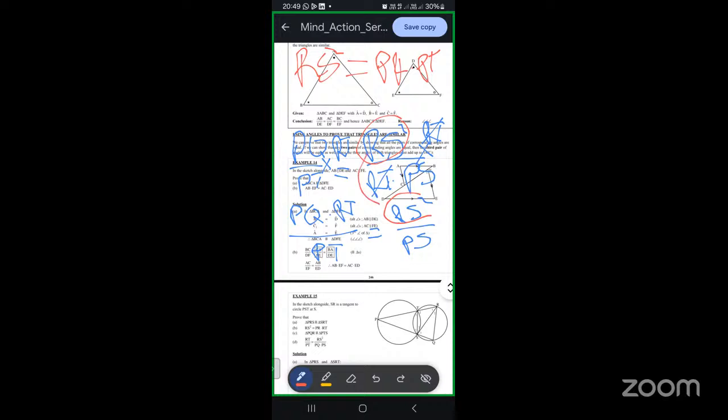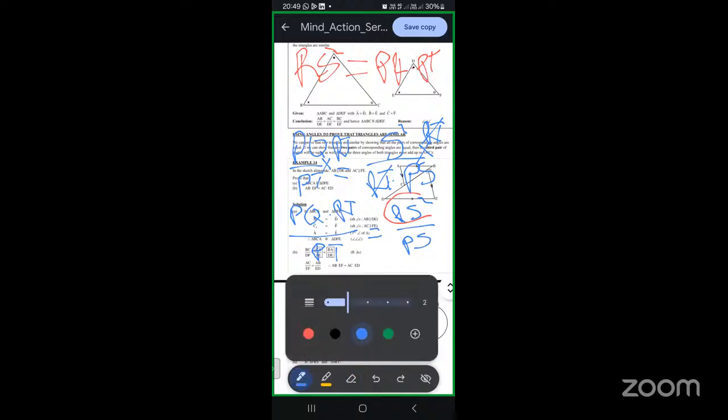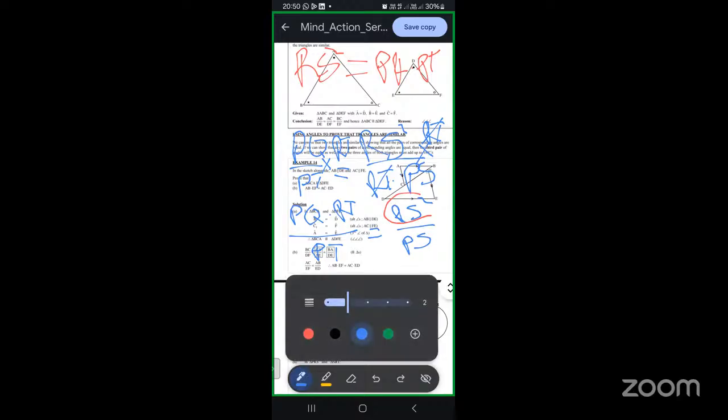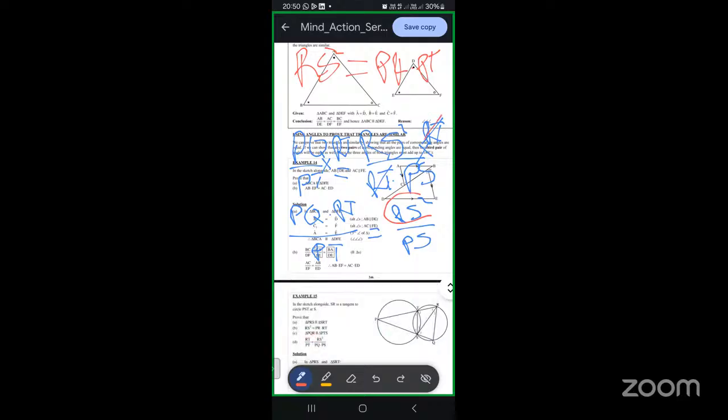Oh, yes. Initially, this is RS squared, this one. Do you see that part? Yes, sir. So after this RT cancelled out with this one, we are left with the numerator RS squared all over PS. Do you get this part?